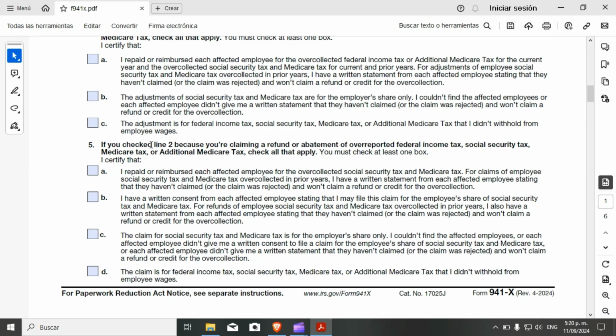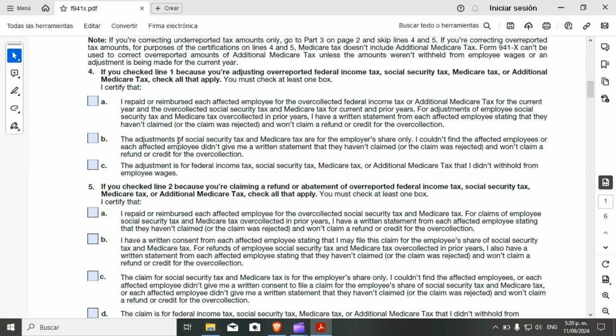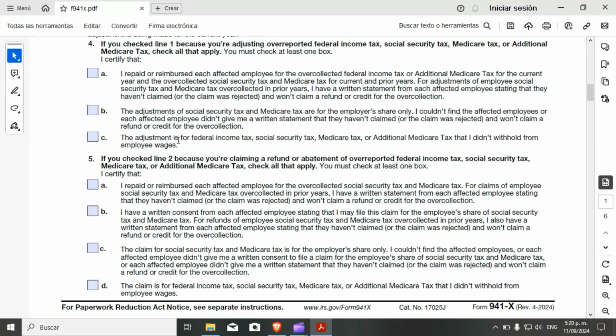Okay, so we're going to come down here. It says if you checked line two, because you're claiming a refund, check one of these boxes. You have a couple of options as far as making the claim and reclaiming the refund. But for simplicity's sake and for speed, we suggest going with this D. What these options are is, in the first one, you've already repaid all your employees the taxes that were taken out, and so now you've got a letter from them saying that you're going to request all of that, and all that money is yours because you've already repaid or reimbursed them.